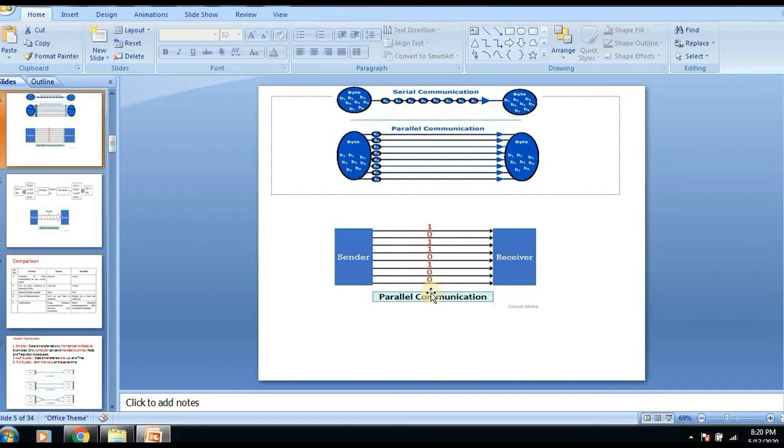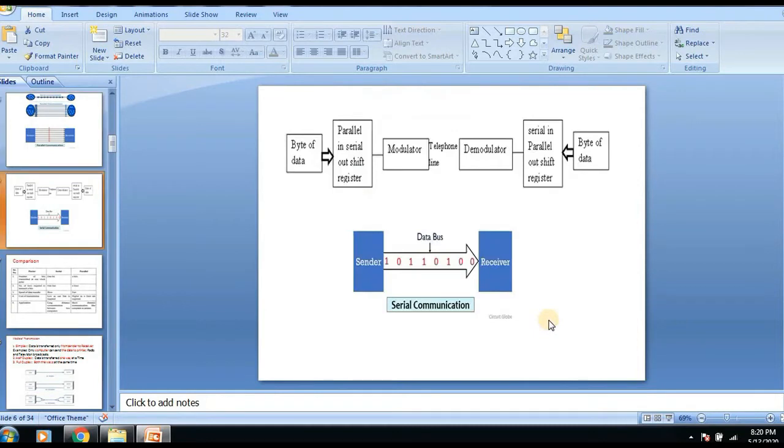For example, if the data is 10110100, there are 8 lines to transmit this data to the receiver, meaning at the same time all 8 bits can be transmitted to the receiver. In serial communication, the 8-bit byte should be transmitted bit by bit.